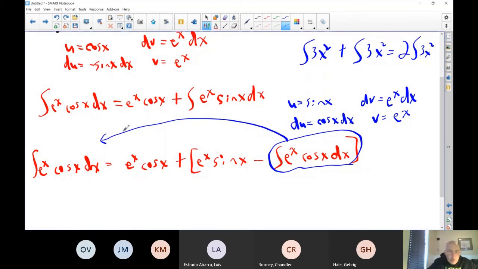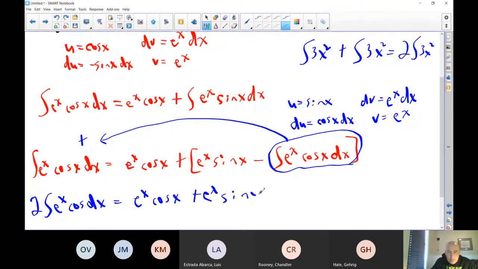Because if you took this and moved it over here, you're going to have the integral of e to the x cos x dx plus the exact same thing, which is going to give me 2 integral e to the x cos x dx, leaving me with e to the x cos x plus e to the x sine x, which is close to what I'm looking for.